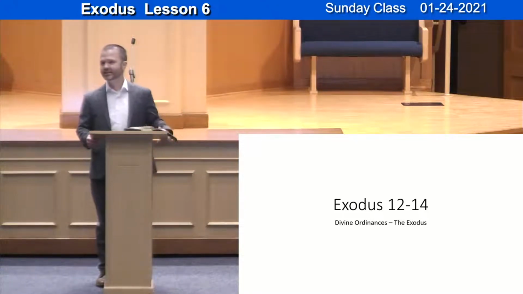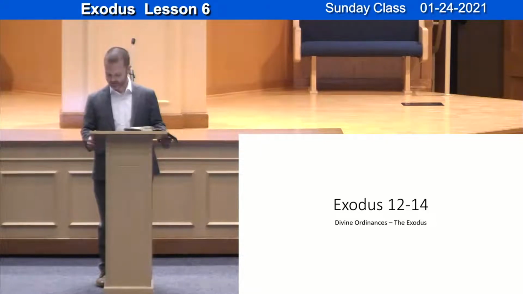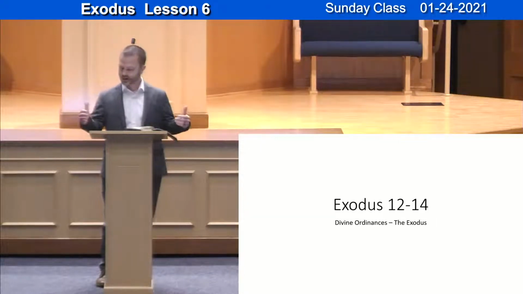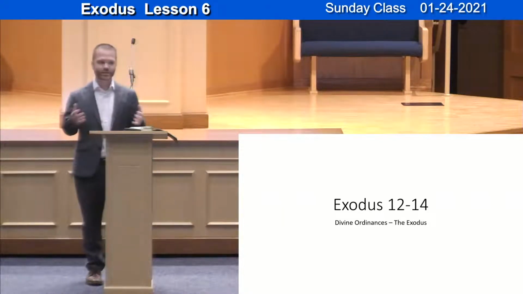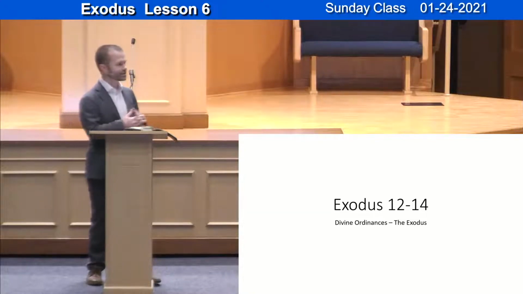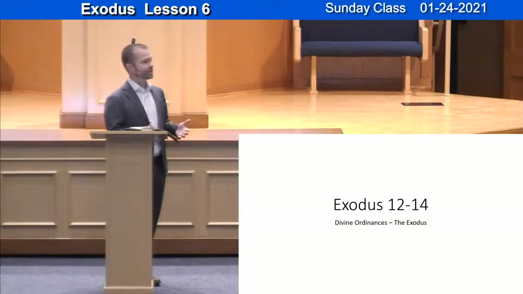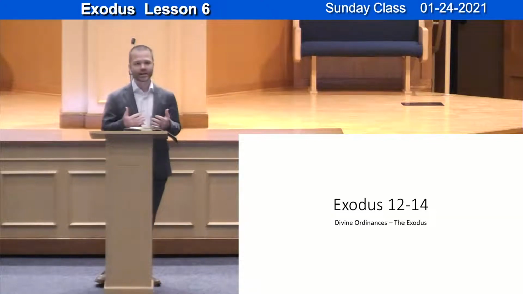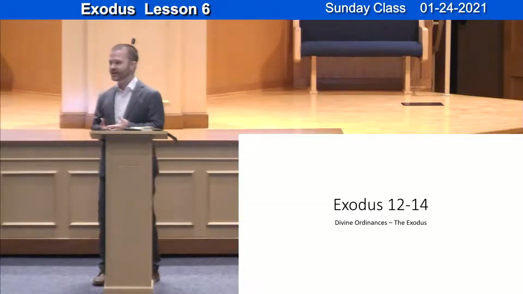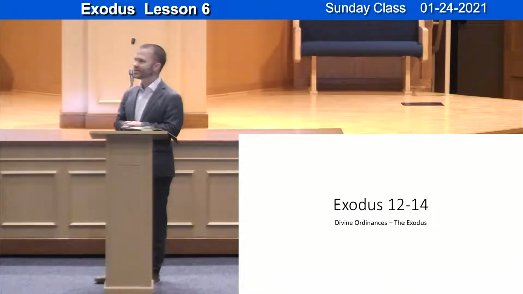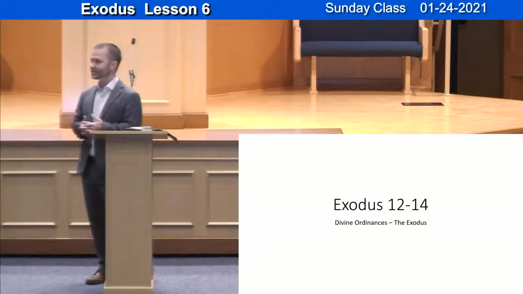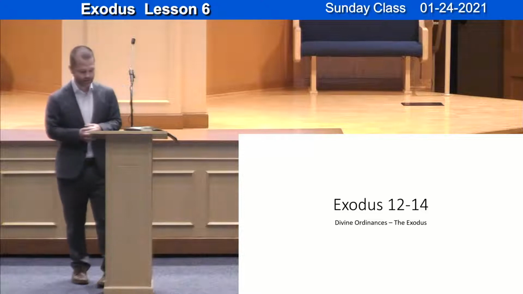God has reset the Jewish calendar for them. This is to mark a new beginning, a full reset of their nation and their traditions and the way that they live, right? Right now they are in captivity. They are slaves. They are being abused because of the requests that have been made so far for them to leave.